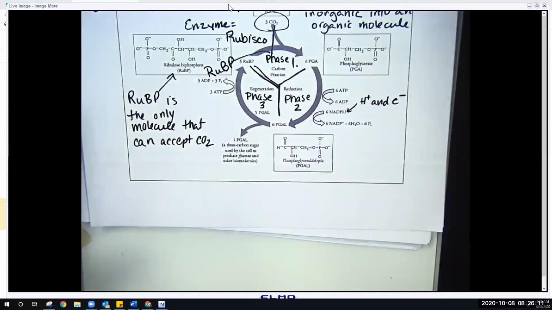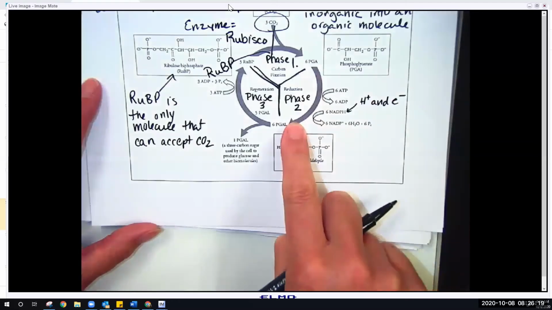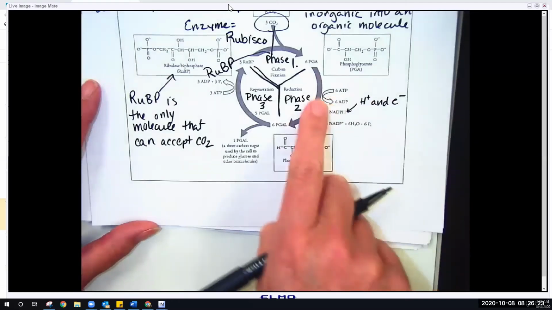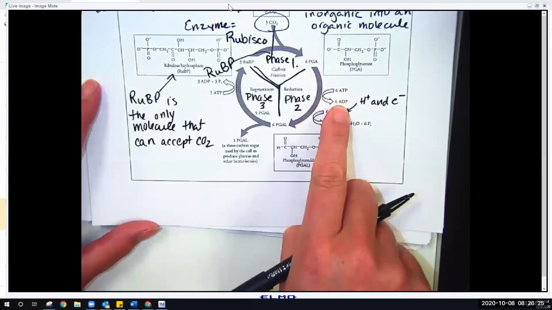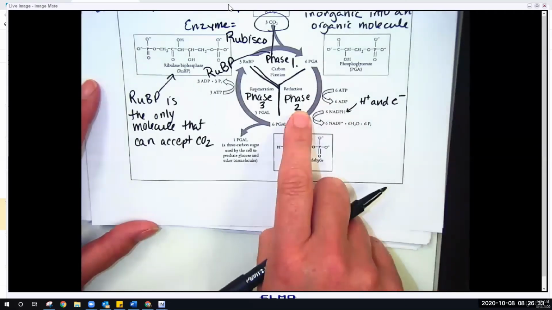That's where that matter's coming from, is that electron carrier. So in this reduction phase, we're going to use our ATP molecules. So they're going to dephosphorylate and become ADP. But then also our electron carrier is going to drop off its electrons and that hydrogen to those molecules as well.